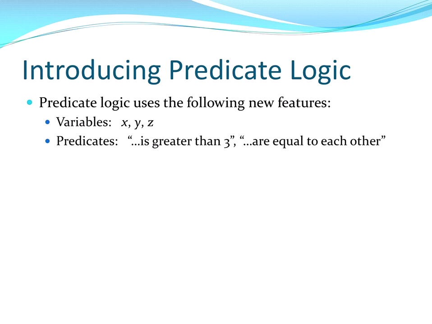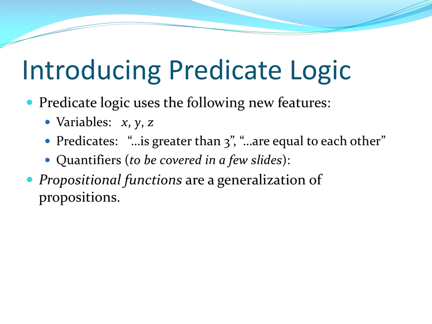And then a predicate, which is sort of the completion of a sentence, is greater than 3, are equal to each other, is the concept of a predicate. You have a subject, which would be our variable, and then a predicate, which completes the sentence to give us what is known as a propositional function. We can also bind these variables with quantifiers, which we'll cover in the next presentation.